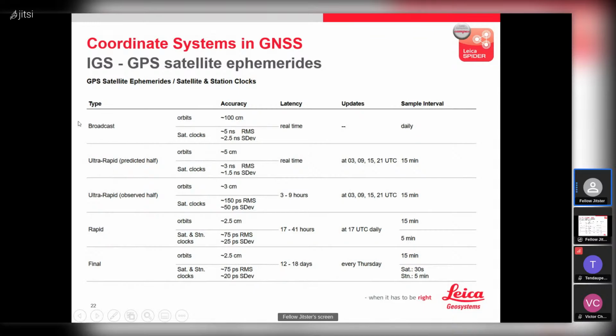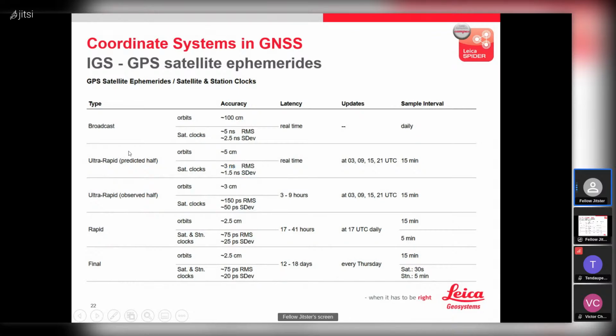As part of this precise ephemeris process, there are different qualities of precise ephemeris files. Those that we use in the Spider are called ultra rapid ephemeris. The accuracy is about 5 centimeters, and clock information about 3 nanoseconds.